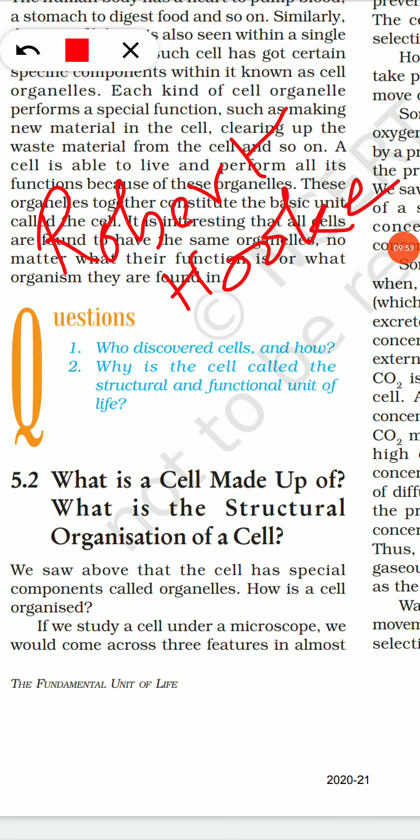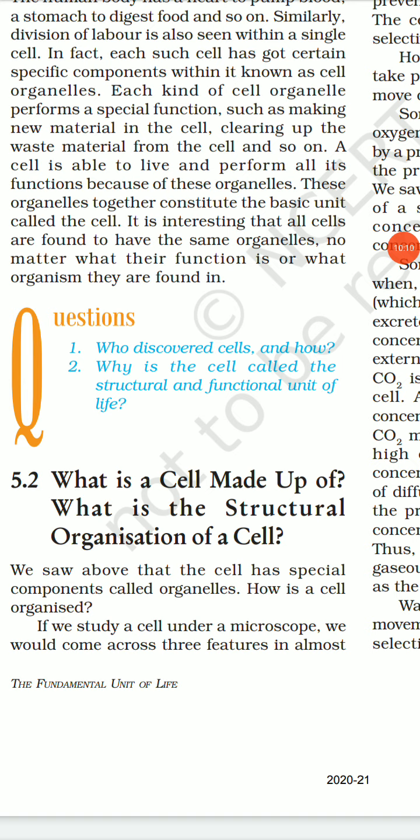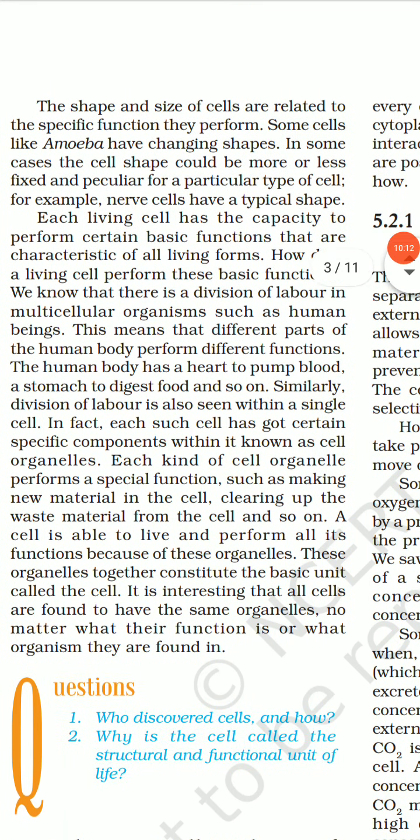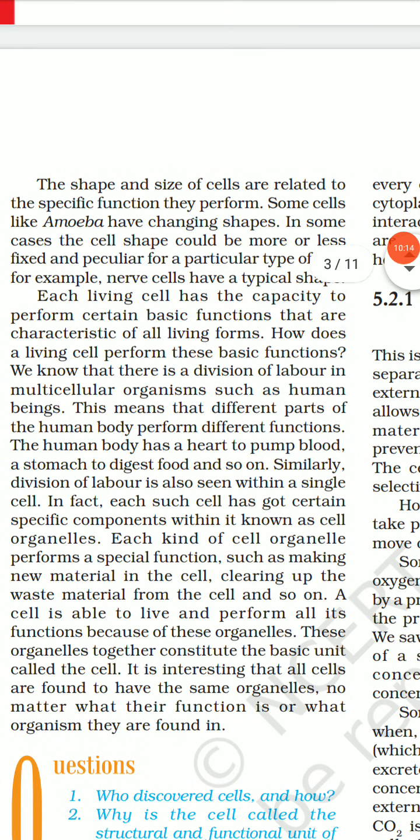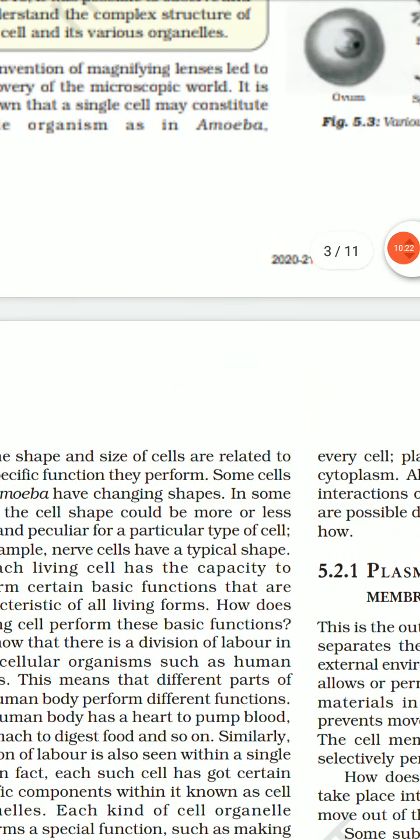A very common question. Structural, because whatever is the shape or structure of the whole organism will be the structure of the cell. And the functional unit, because whatever is the function of the organism, each and every cell will have a function. So that is why it is called the structural and functional unit of life.